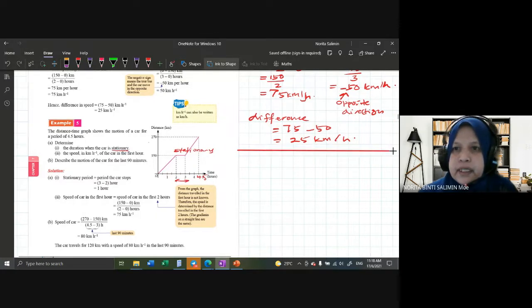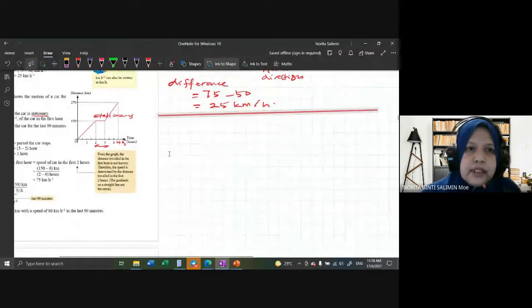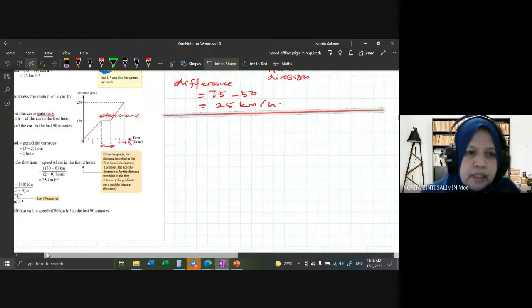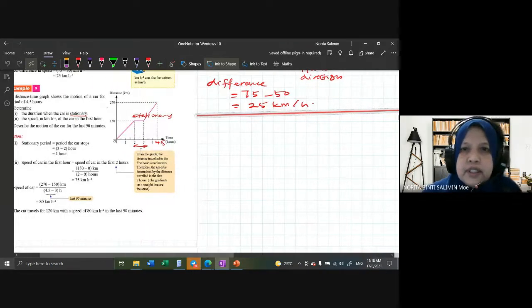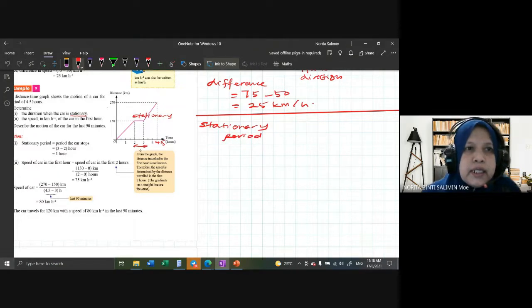We look at the graph to get the answer. The stationary period means the car has stopped.